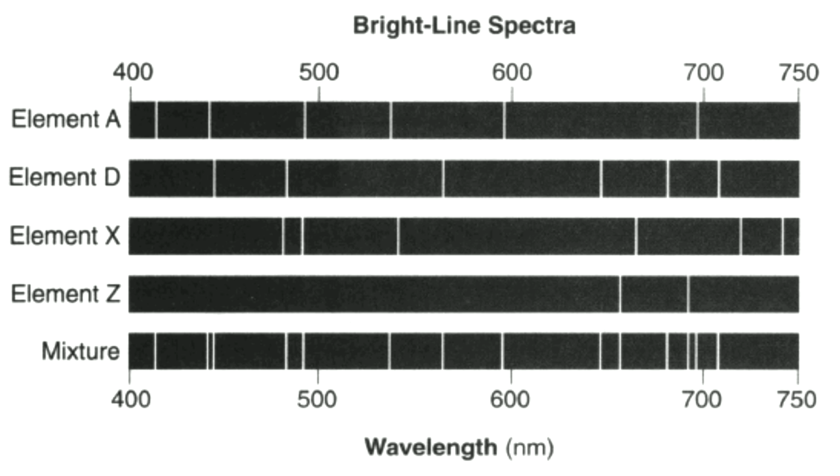The line all the way at the left is where you should start, and then work your way to the right. As you can see, the first line only matches with element A. No other element contains this line. So element A has to be in the mixture.